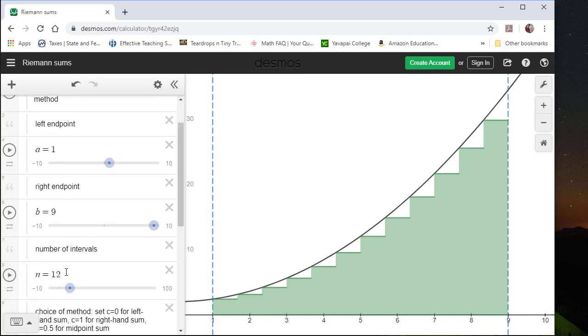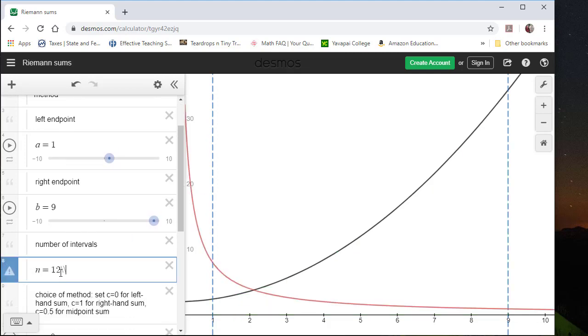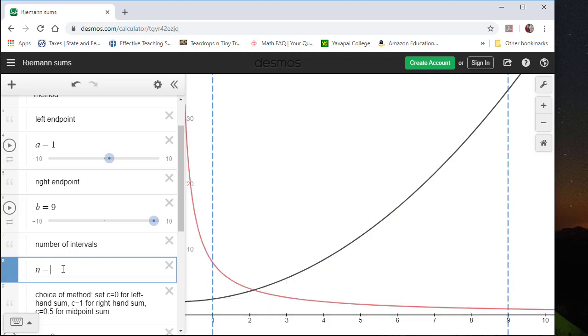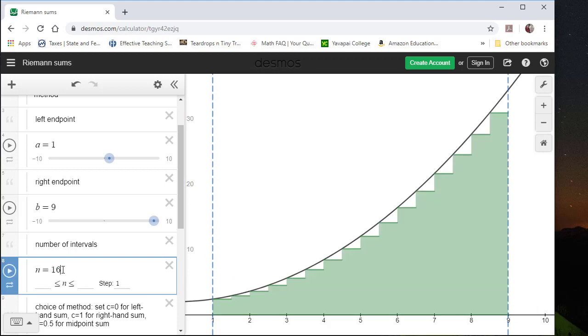If we go down here and type in 4, that's the left-hand sum we did. See, each one of the rectangles touches on the left-hand side. If I want to use more rectangles, I just change that end number. I could do 8. I could do 16. I could do 100.